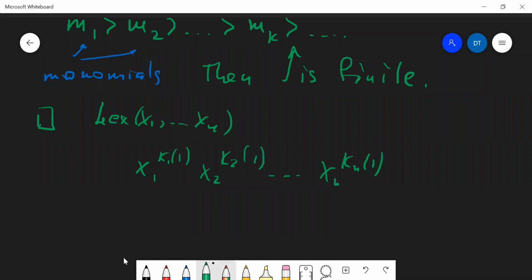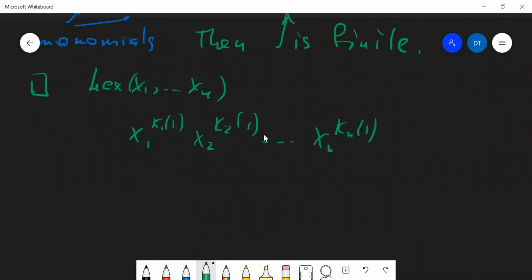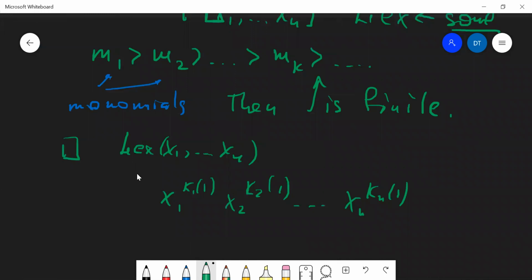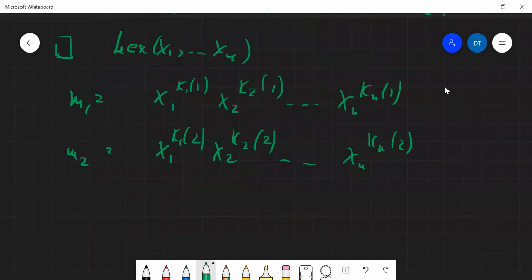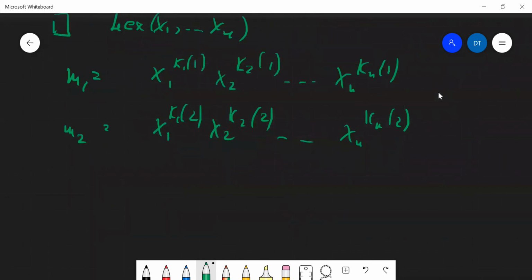Here K1, K2, ..., Kn: the lower index denotes the index of the variable, and the number in brackets denotes the index of the monomial. So this is the monomial M1. Then when we go to M2, we have x1 to the K1 of 2, x2 to the K2 of 2, etc., xn. Let me write these for a couple of steps.